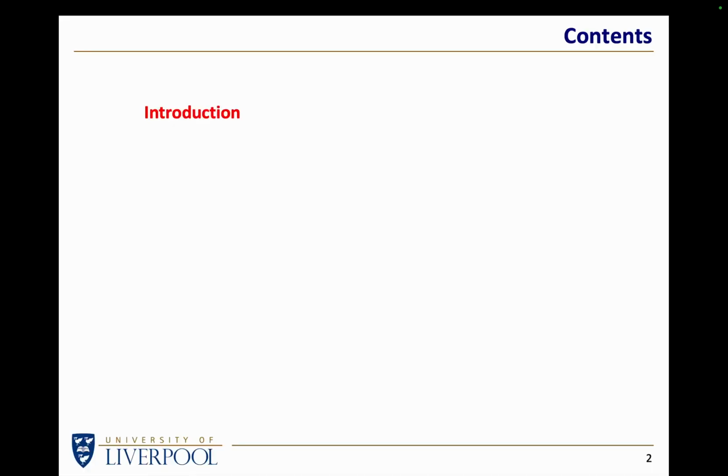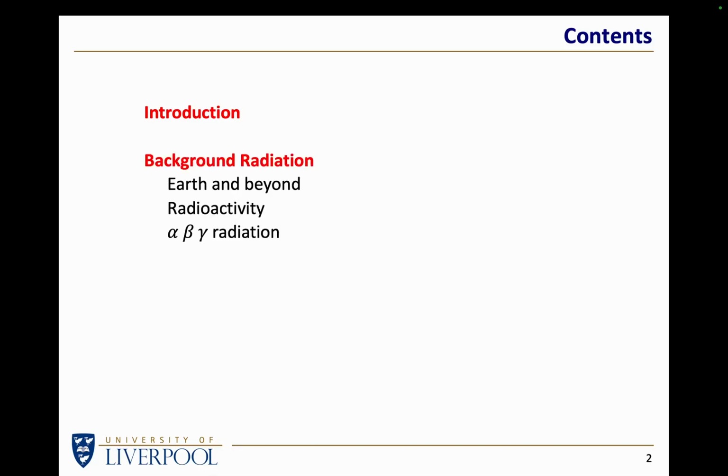So I'm going to be telling you a little bit, after a brief introduction, about how we define background radiation. Before talking about what radiation is coming from the universe, it helps to put it in context by talking about what radiation is around us all the time anyway, terrestrial radiation. Then I'll be talking about cosmic rays, how they were discovered 100 or so years ago.